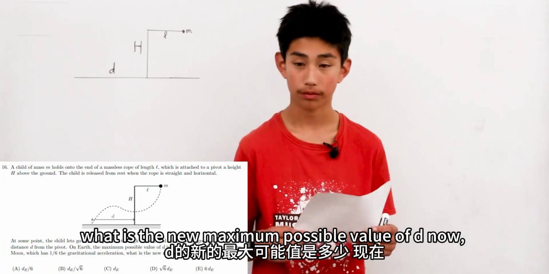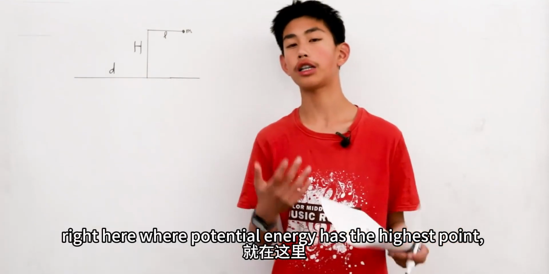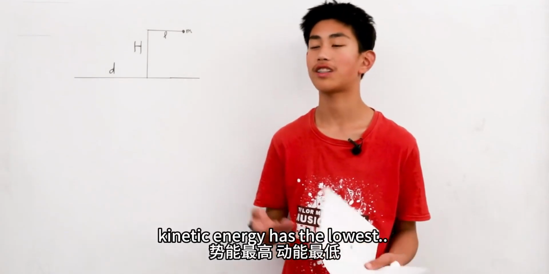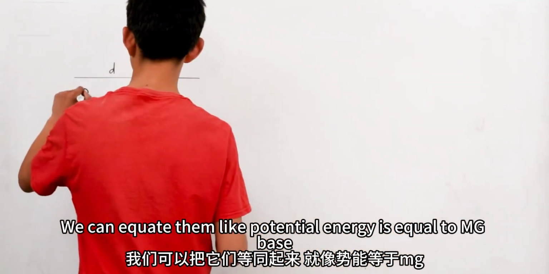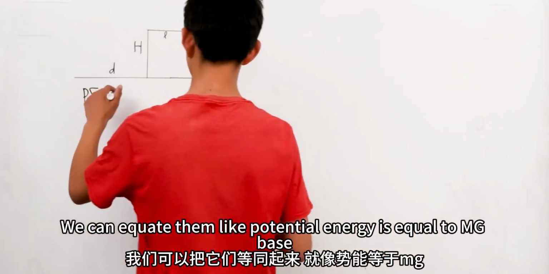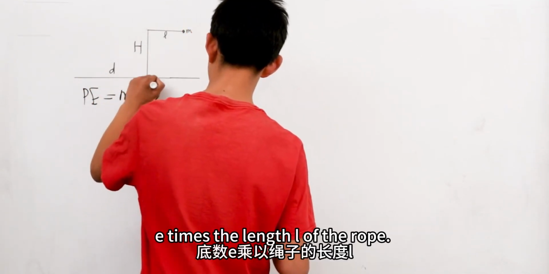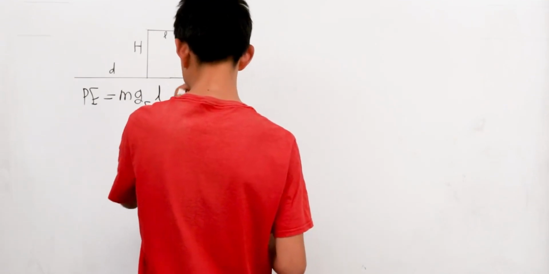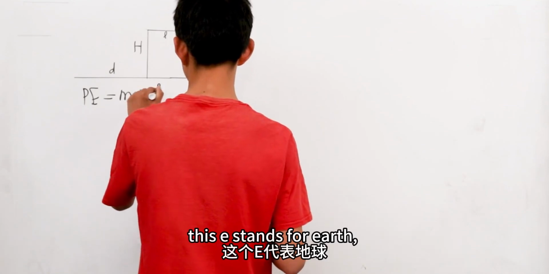value of d? Now, right here, where potential energy has the highest point, kinetic energy has the lowest point, so we can equate them like so. Potential energy is equal to m g_E times the length L of the rope, and in case you're wondering, this E stands for Earth.